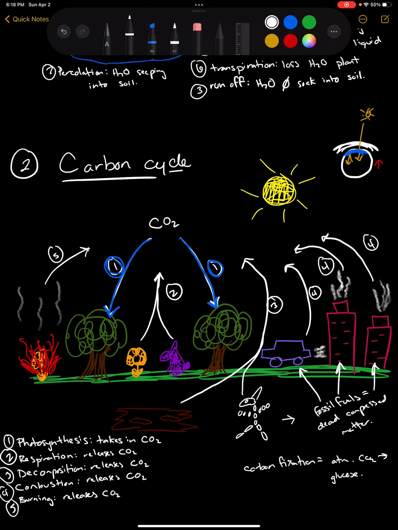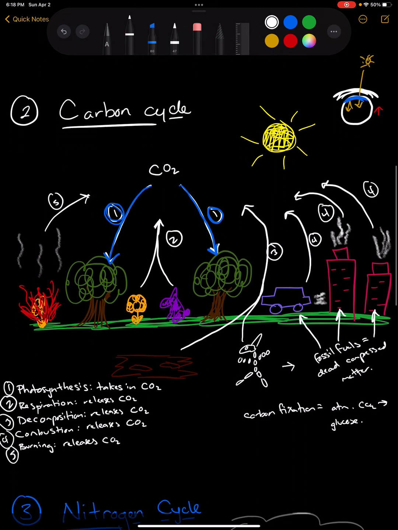That's why global warming is kind of irreversible at this point, because everything that we do as humans is just putting more and more out there. And the one thing that takes it in is trees, and that's the thing we're cutting down. So there's your carbon cycle.